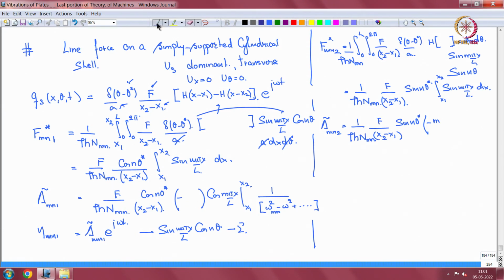My mistake, L over m pi. So integral differentiation, minus L over m pi cos m pi x over L, x1 to x2, and the frequency term in the denominator, omega mn square, etc.